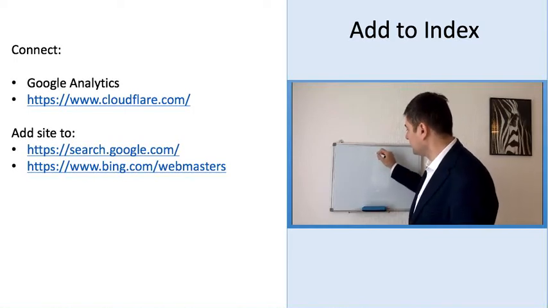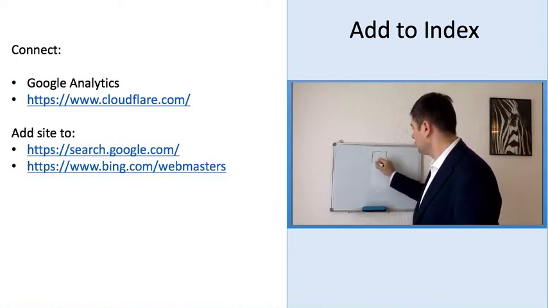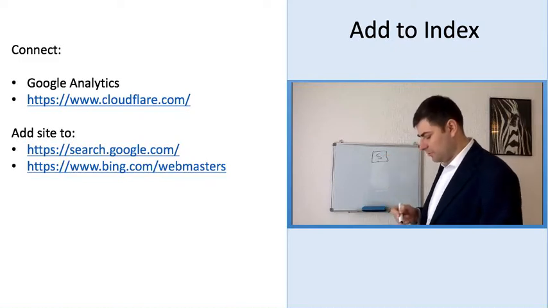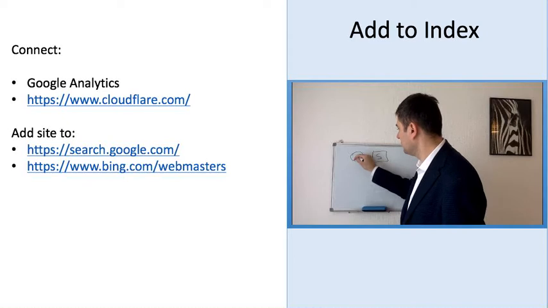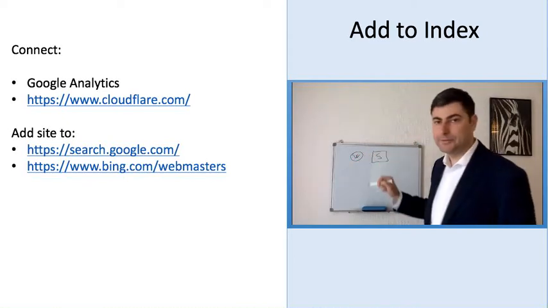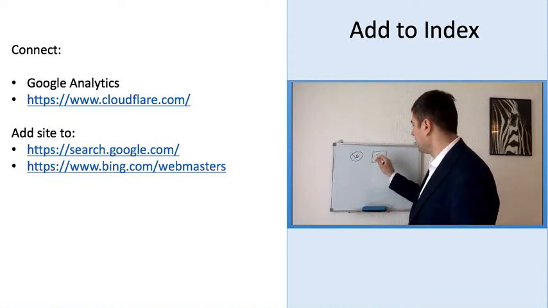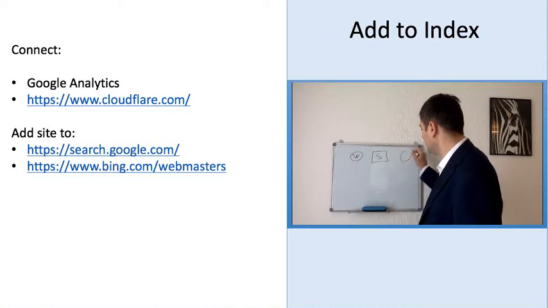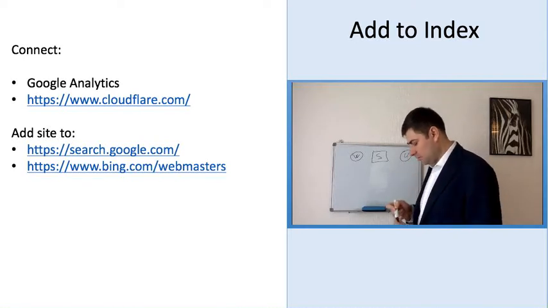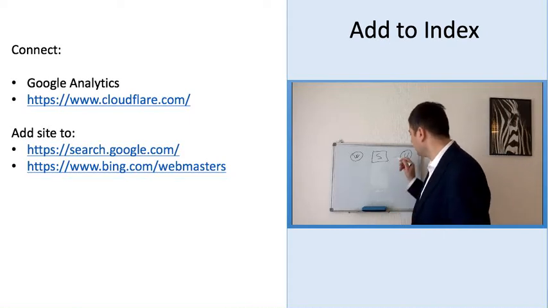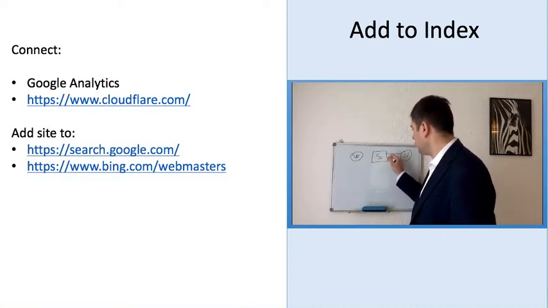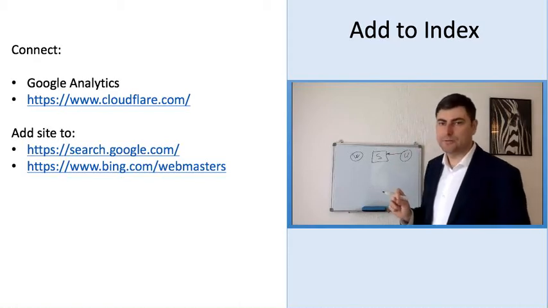So how it works. Here is the server. The server has your website on it. And here is the user. How do all the websites work? The user makes a request to the server.